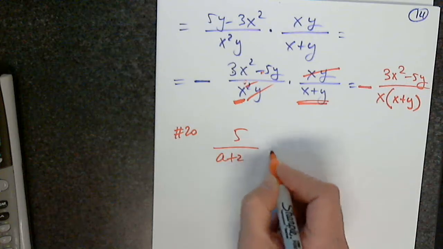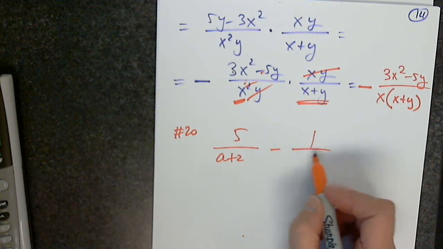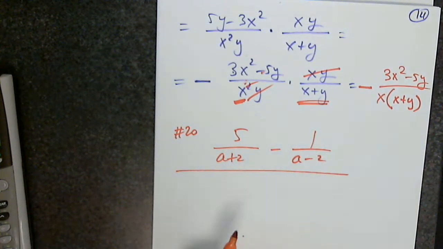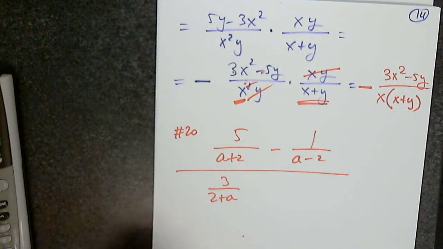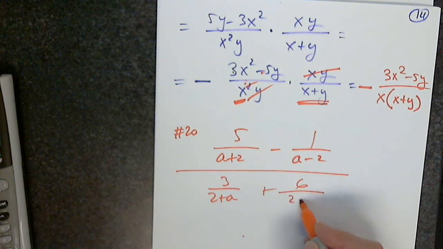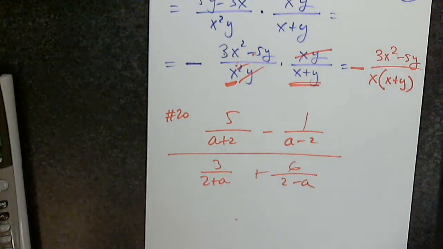Five divided by a plus 2 minus 1 divided by a minus 2. Everything divided by 3 over 2 plus a, and plus 6 over 2 minus a. 2 minutes.